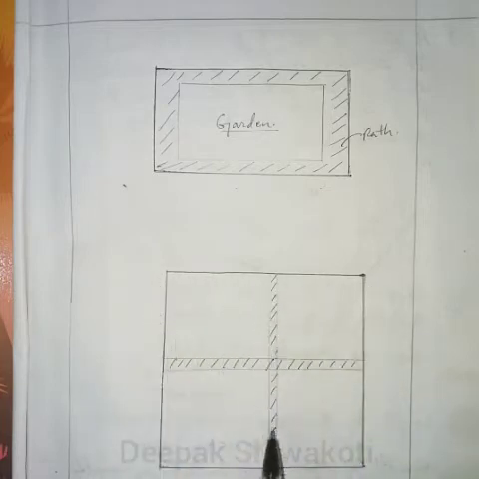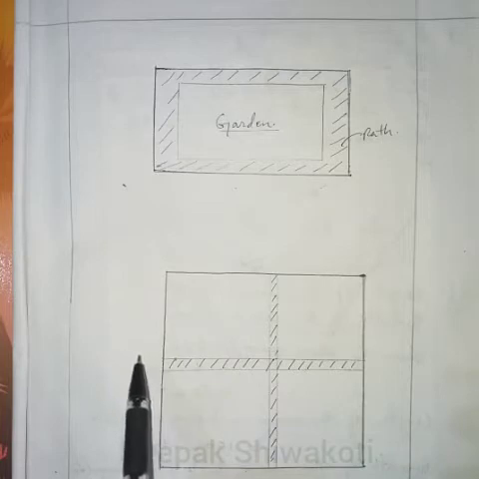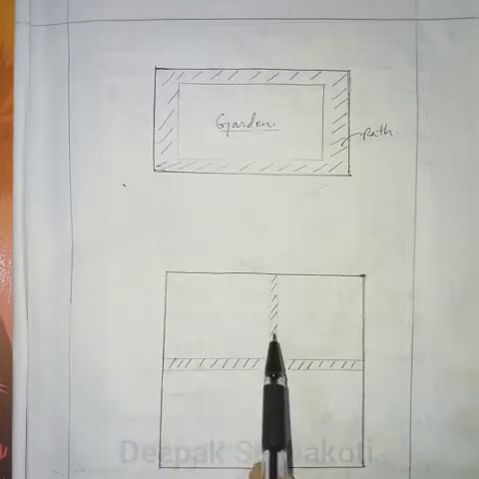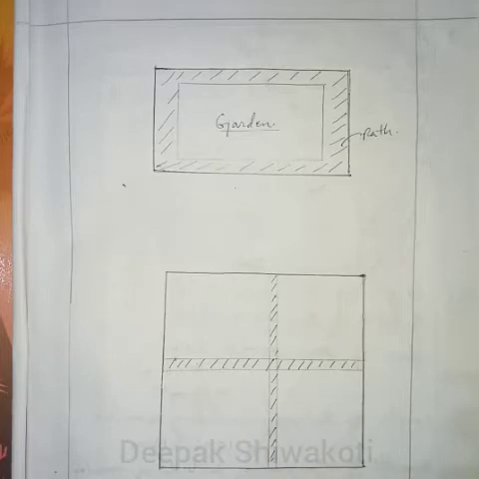Here also, if we know the length and breadth of the rectangle and the width of the path, then we can find the area of the path. We'll see in problems how to solve these kinds of problems.